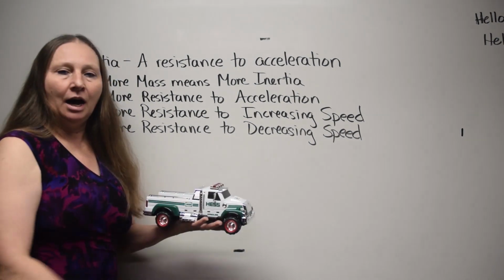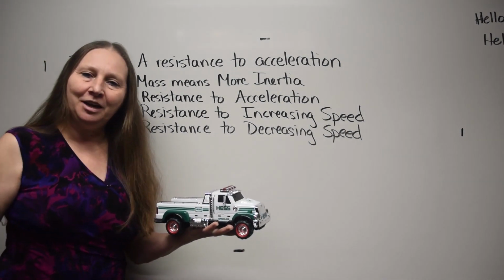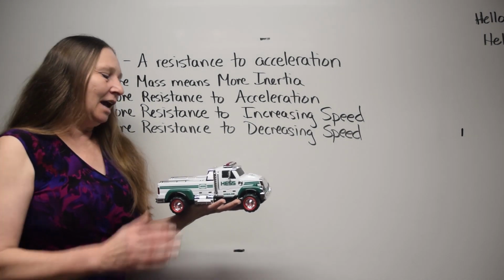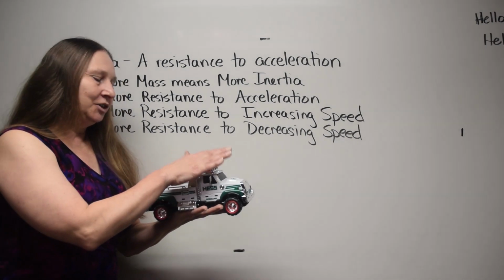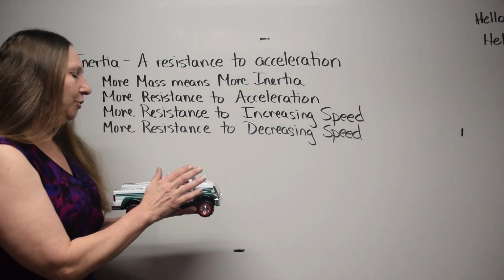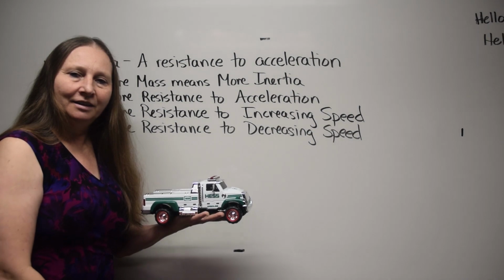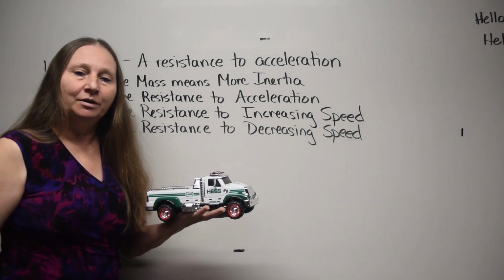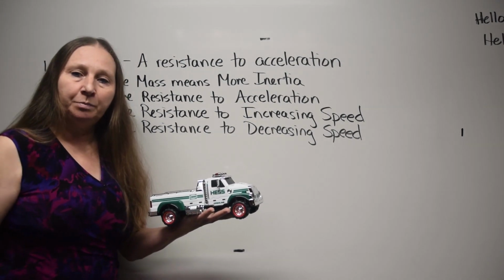Now, it's our job to decrease the speed of these objects. So we have a lot of confidence about stopping the little truck. We know that if we get in the way of the little truck, we're going to be able to get this little guy to stop. We're going to be able to decrease his speed.